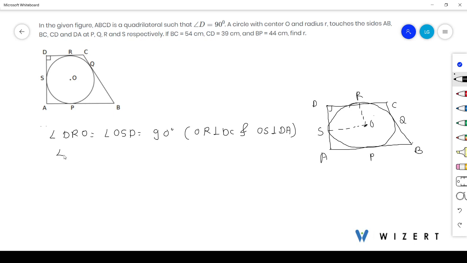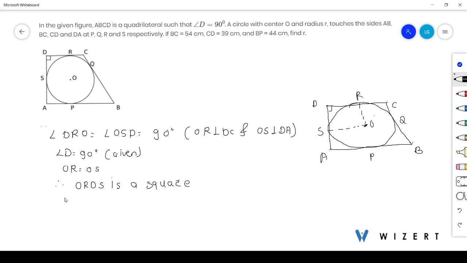We have given that angle D equals 90 degrees. Also, OR equals OS. Therefore, ORDS is a square.